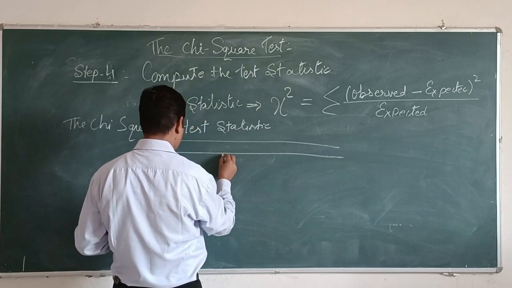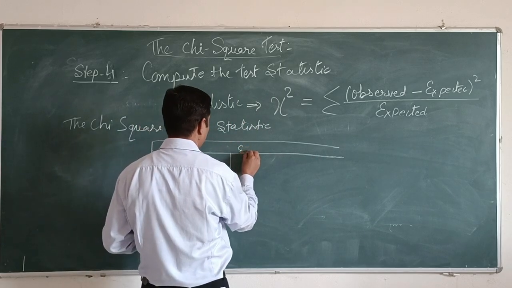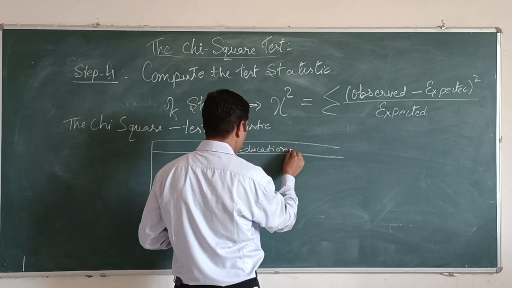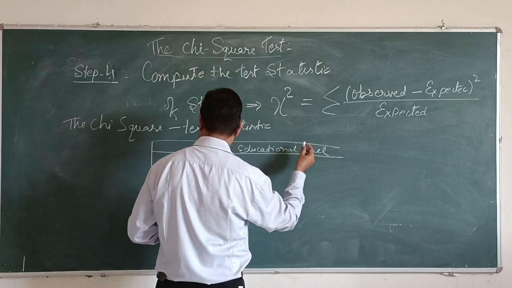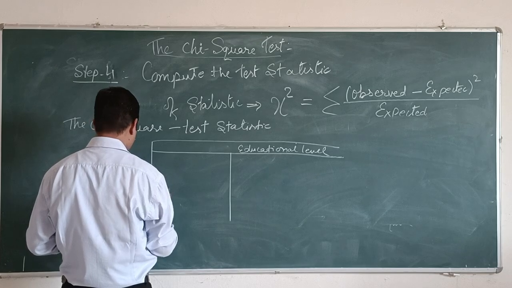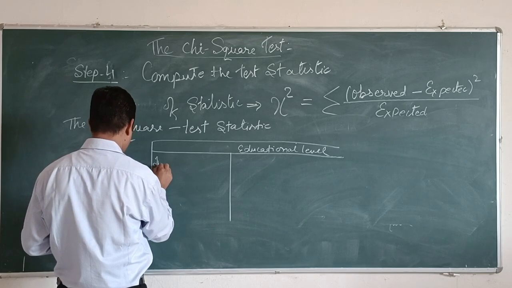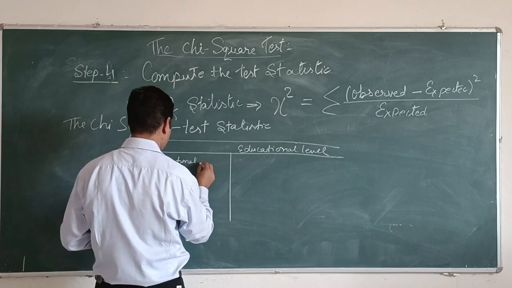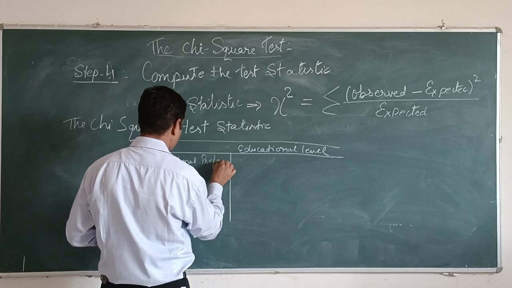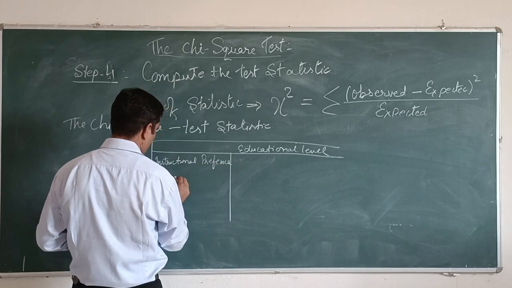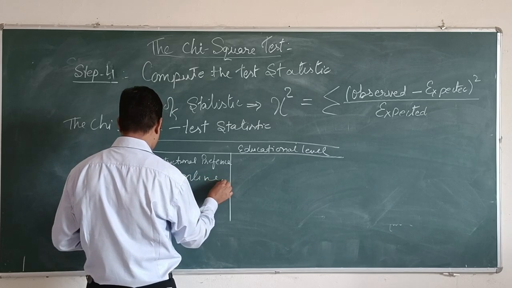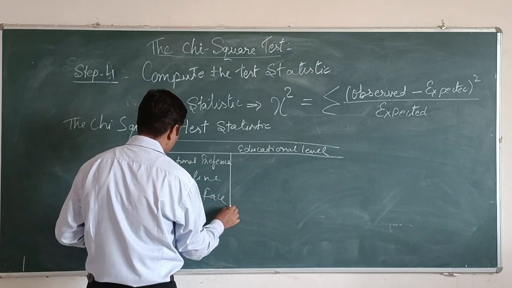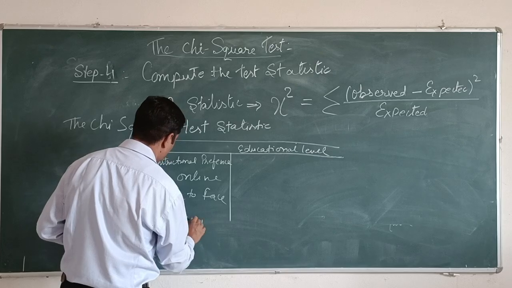The table is for educational level. The first variable is instructional delivery, whether it is online or face to face, and in the last there is a value which is called total.